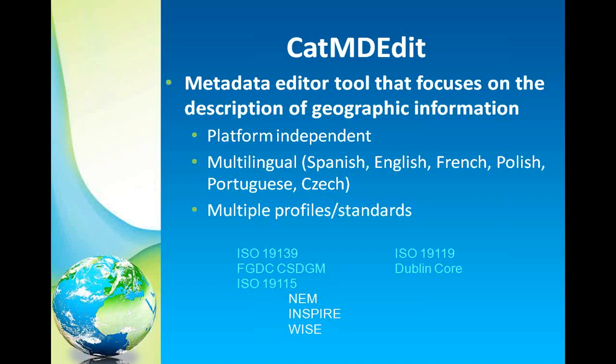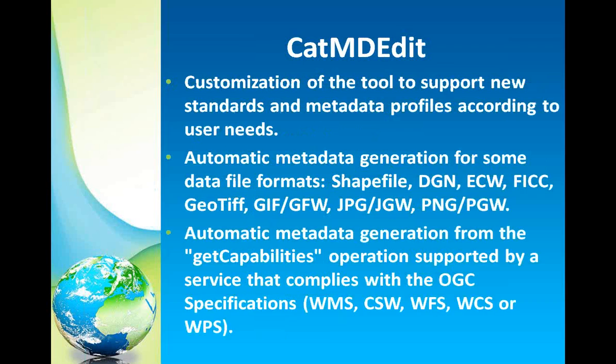It also imports the FGDC CSDGM and the Dublin Core, so it has a variety of metadata standards that it supports. Also with CatMDEdit, there is some customization of the tool available to support new standards and metadata profiles according to user needs.